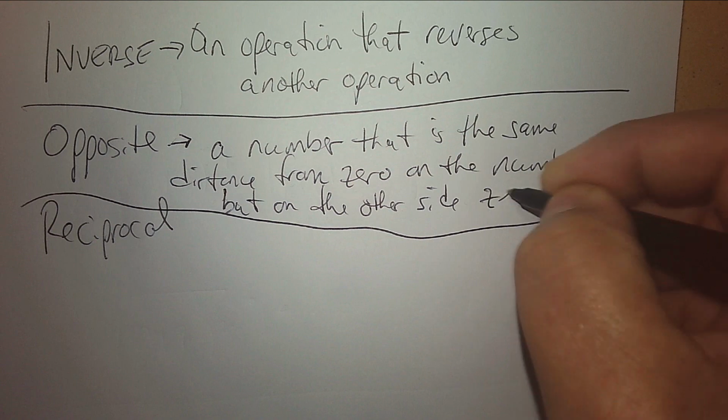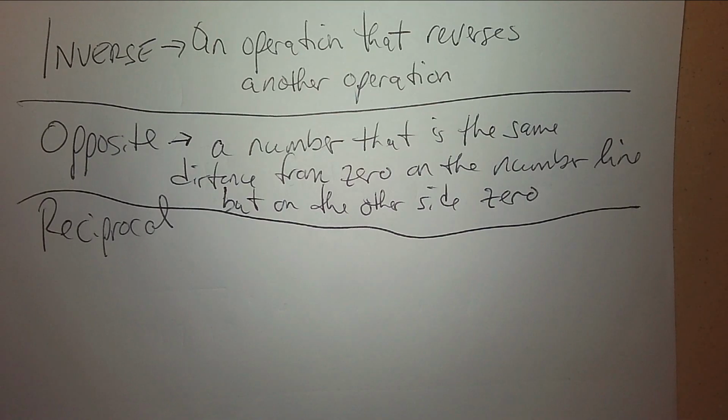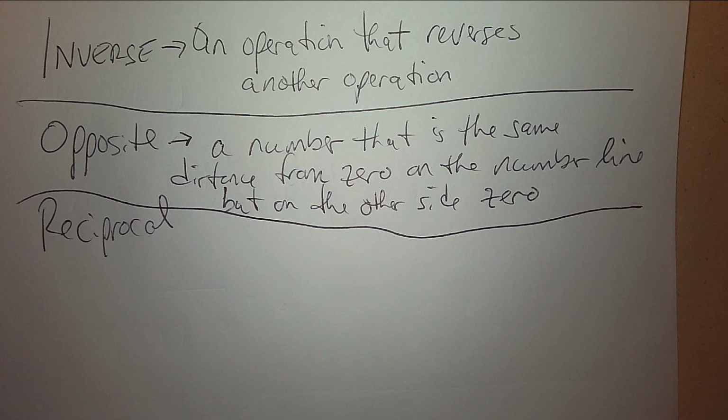So, that was a long way of saying this. What's the opposite of positive 6? What's the opposite of negative 10? 10. So, if I ask you for the opposite, that now is a number. So, opposite is a number. Inverse is an operation.